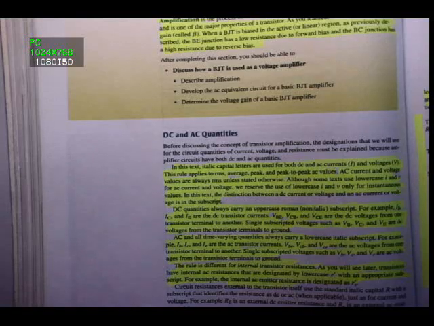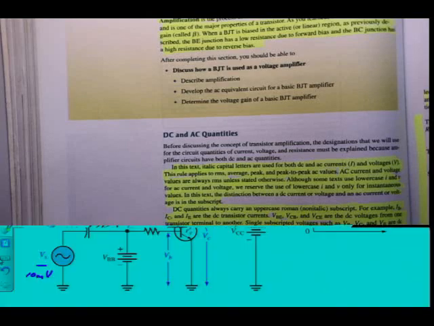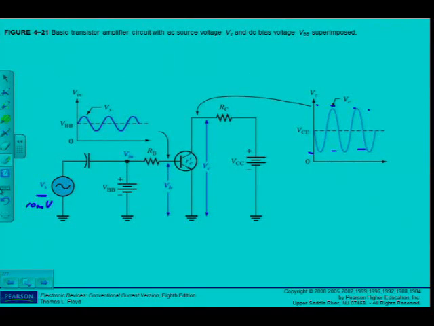DC quantities always carry uppercase, a non-italic subscript, as we've seen, like for instance the VCC that's applied. I can see here VCC, it's a voltage, and the subscript is capital letters.